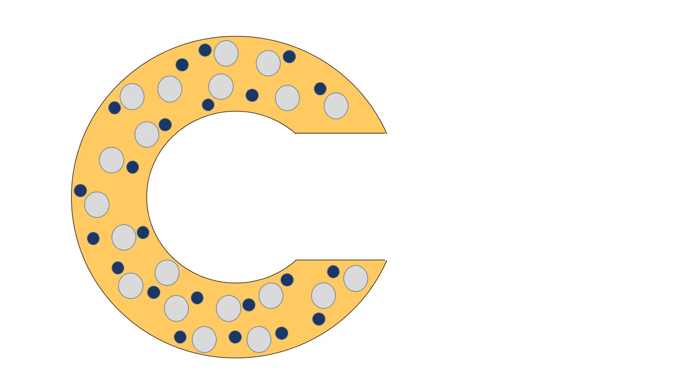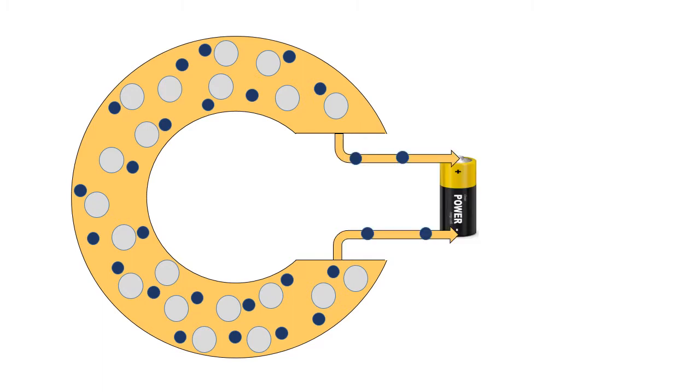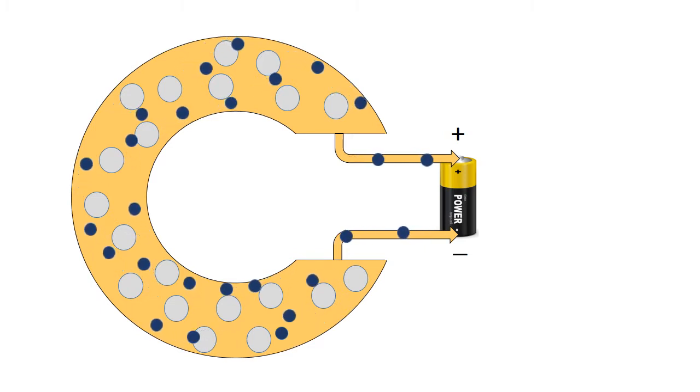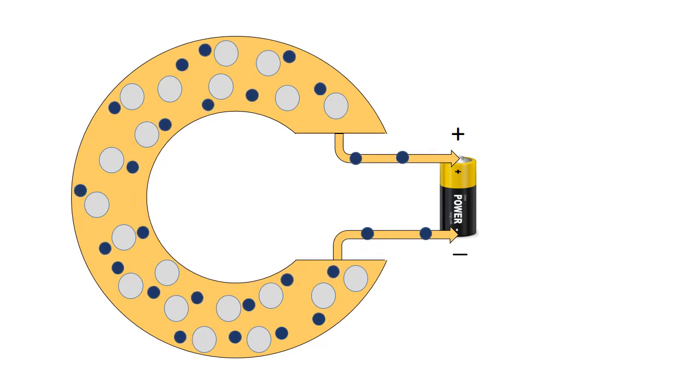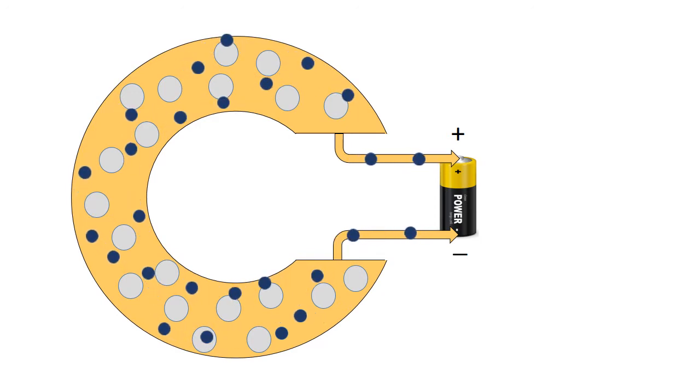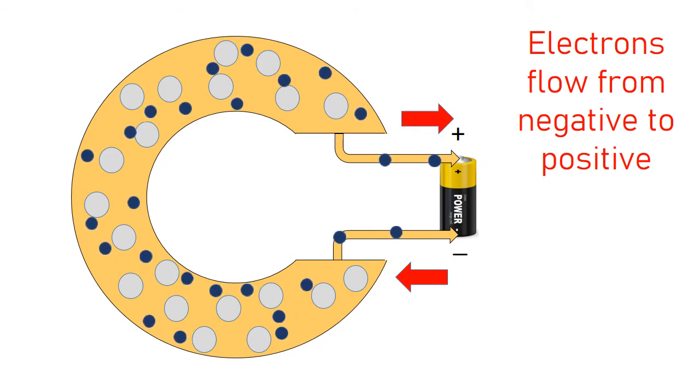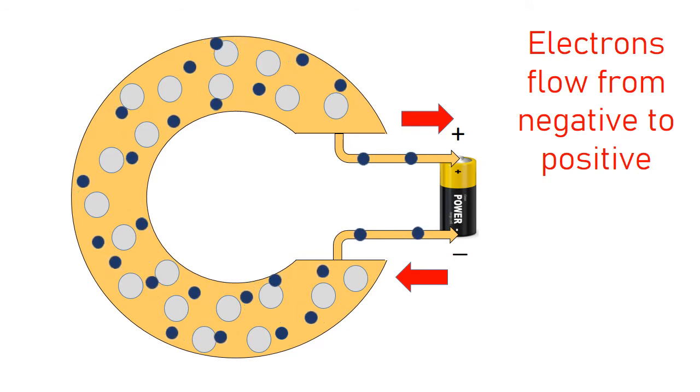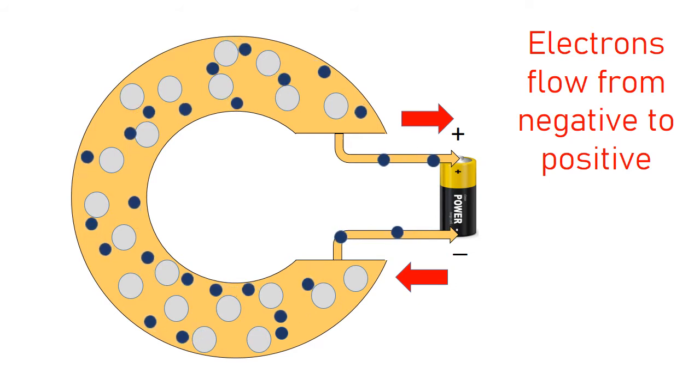Now we'll see what happens to these free electrons when the wire is connected to a cell. Now you can see the cell. Positive of the cell is on the top, negative at the bottom. Now see what happens. These free electrons start moving towards the positive of the cell. And from the bottom, from the negative, it is going back into the wire.